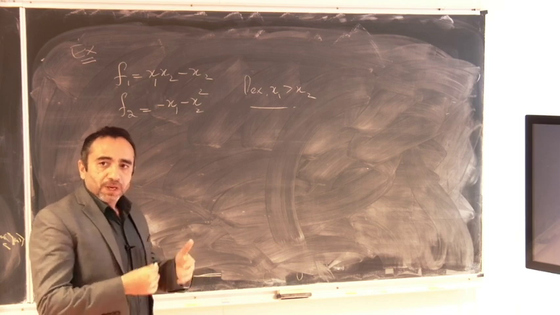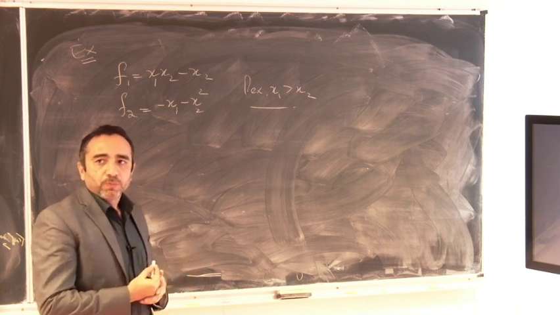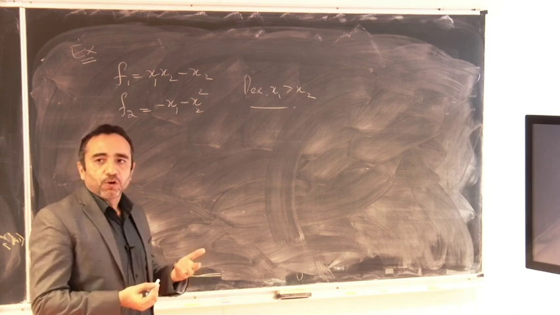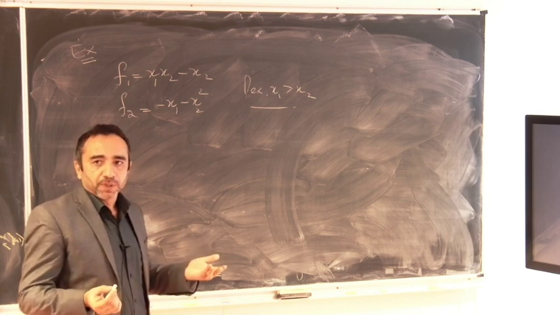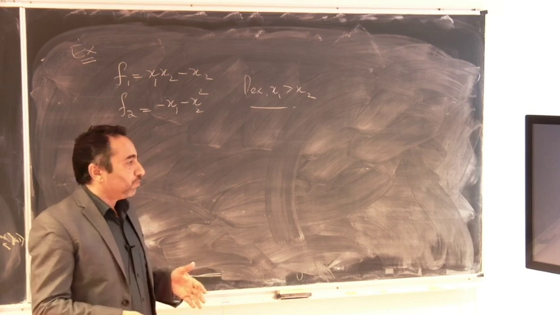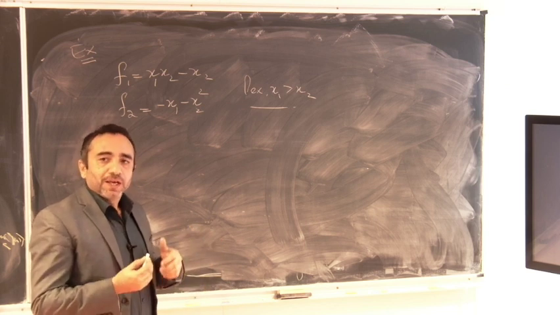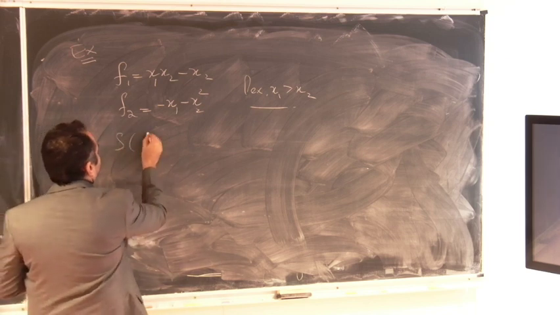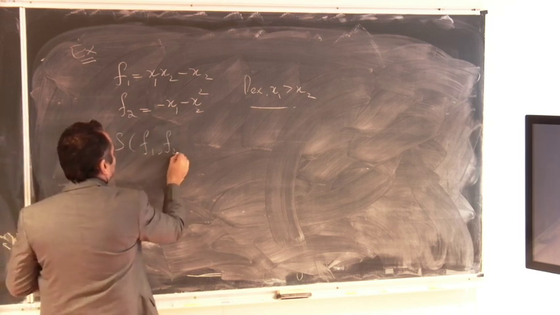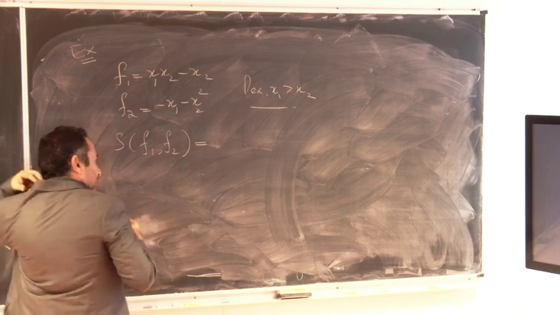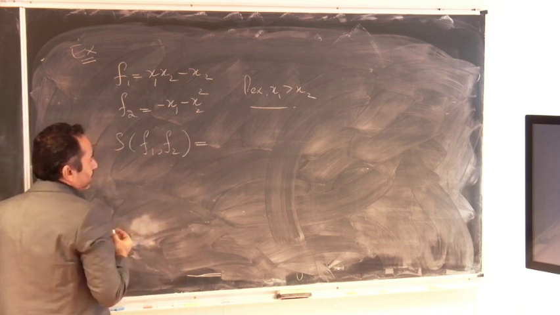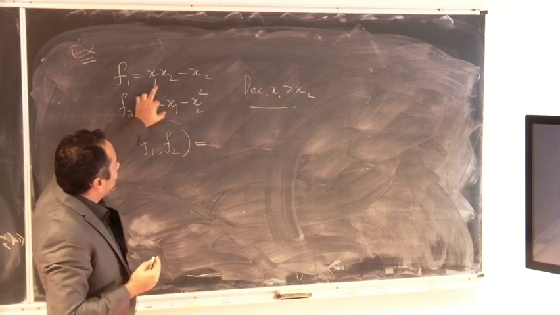So just to apply that algorithm step by step, in the given set there are only two elements, so there is only one possible pair, and that pair is f1, f2. We first need to compute the S polynomial for this pair, S(f1, f2), and by yesterday's definition, we can compute it by first computing the LCM of their leading terms.